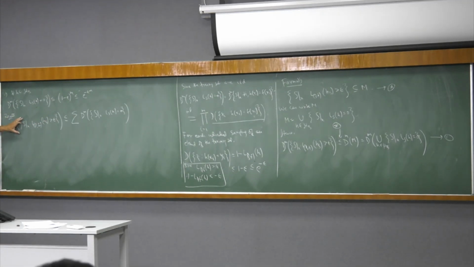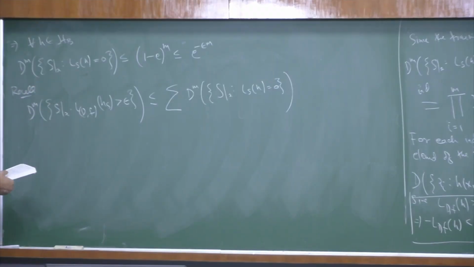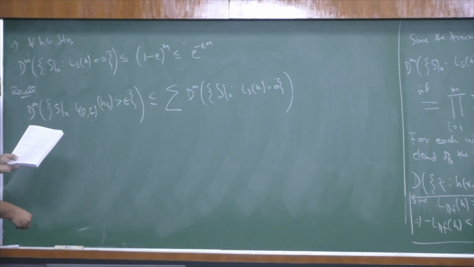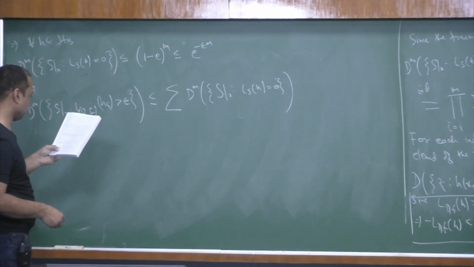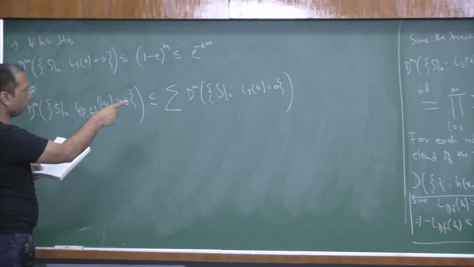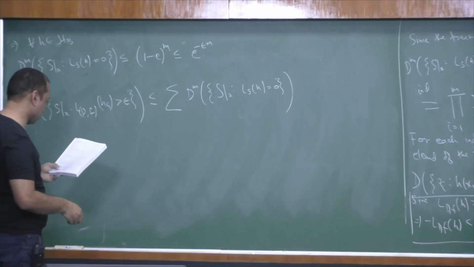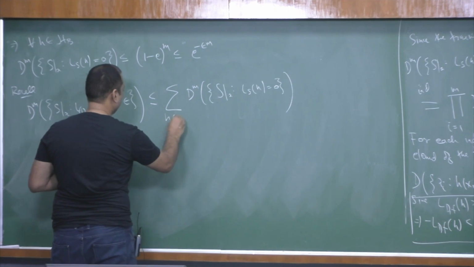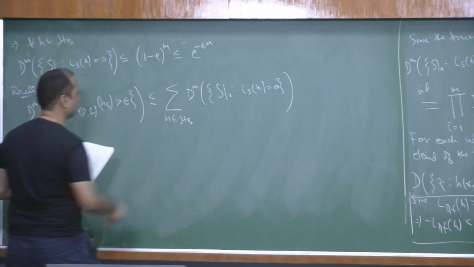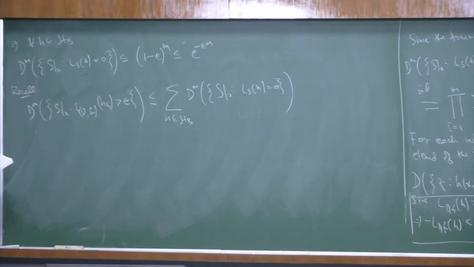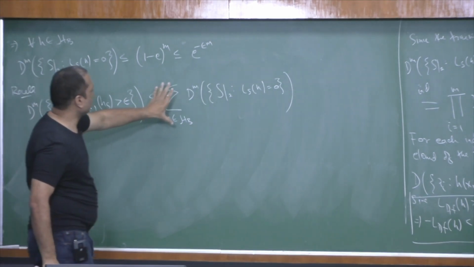So essentially this is now upper bounded by e to the minus epsilon m. Okay, and this sum was over h in HB. This is something we have written before, and this sum is the outer one, right.